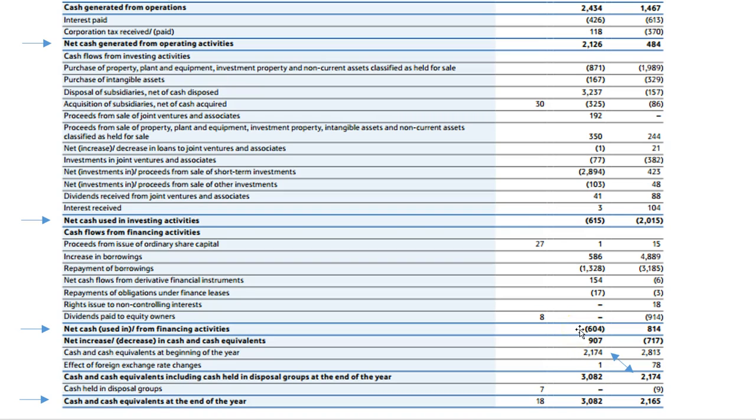So it's following our format pretty strictly. Gives us a net value of 907 plus the cash balance at the beginning of the year, a minor adjustment, and then cash at the end of the year. So it's the movements on the cash plus the opening balance gives us the closing balance.